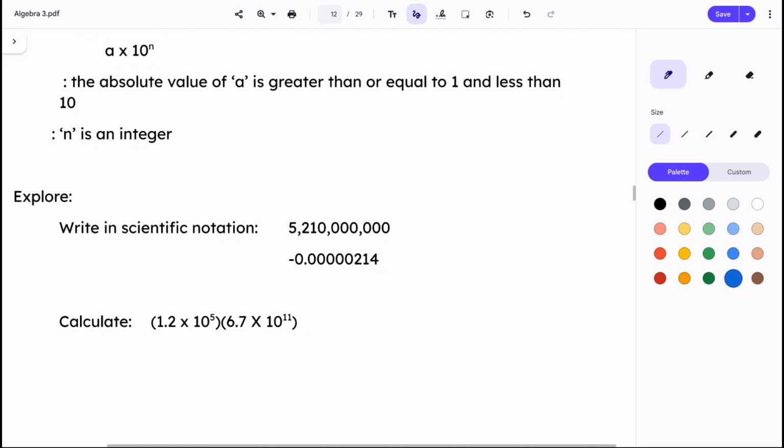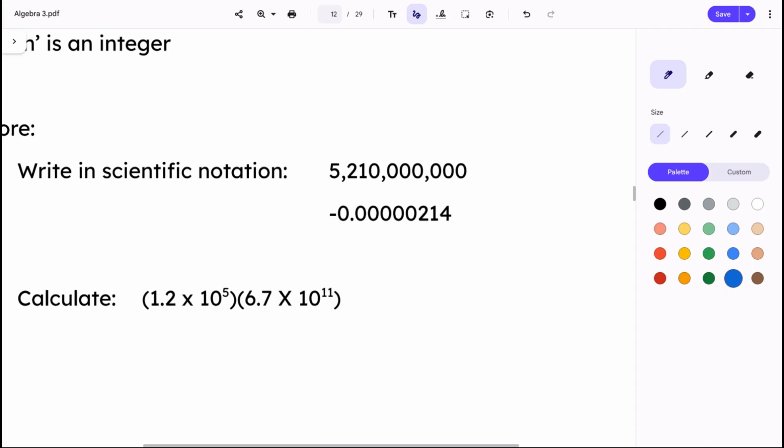If we were going to write something in scientific notation, maybe you guys remember, how would I rewrite this number here in scientific notation? Right now it's 5,210,000,000, but how would I write that in scientific notation? Does anyone remember? 5.21 times 10 to the 7th power, or the 7 or 9?